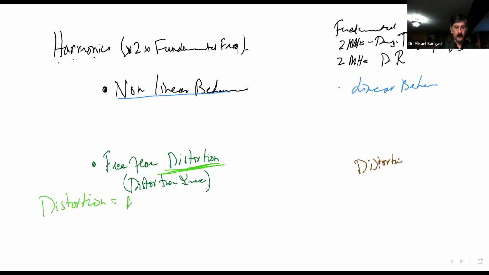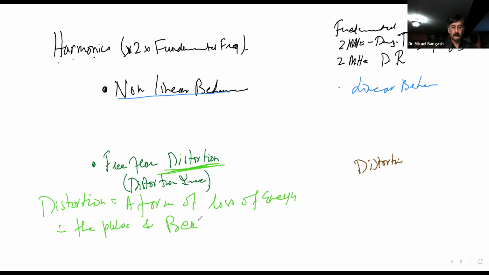That's going to be a form of loss of energy. And where can that loss of energy happen? In the pulse and beam.